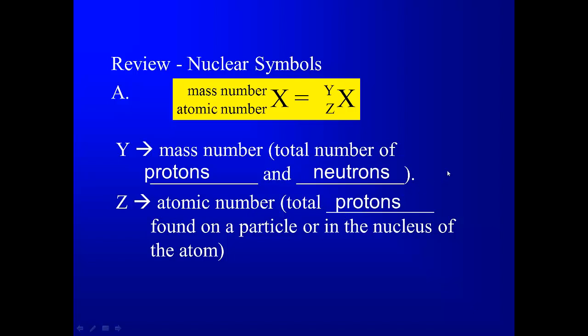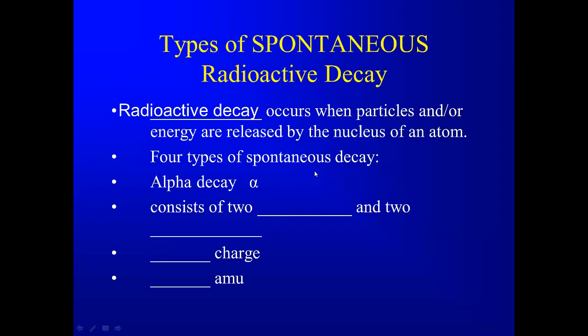When we have to balance these reactions, these are the numbers that need to be the same. They need to be balanced. We're going to do some adding and subtracting. The mass numbers on top on both sides have to be equal, and the atomic numbers on the bottom of all the things added together have to be the same. When I start balancing, that'll start making more sense.